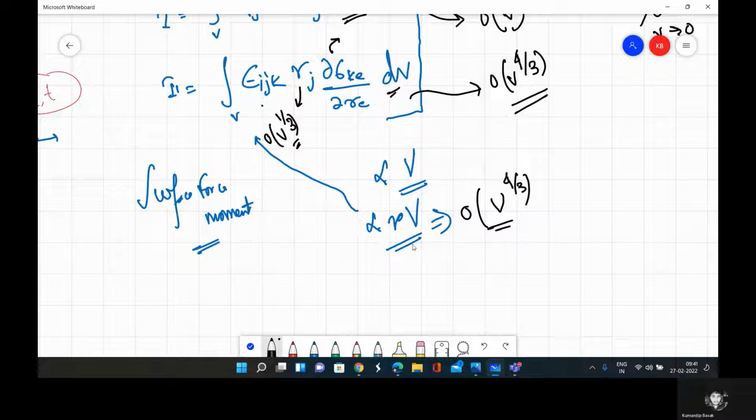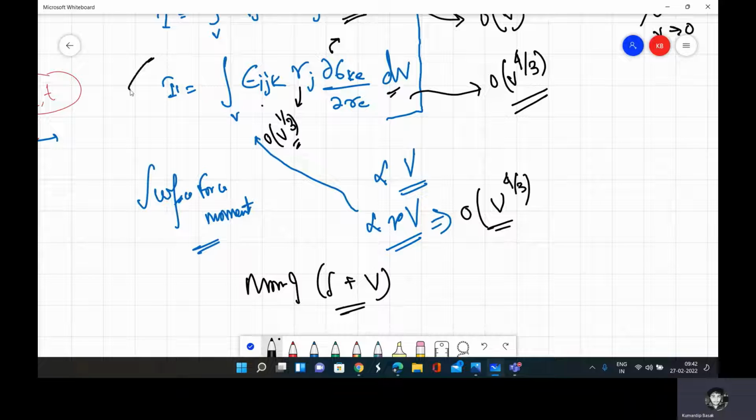Therefore, if we take the moment of surface forces plus volume forces, the surface force moment will simply become the first integral. And this volume force moment is similar to this term too. That will again tend to zero faster. So what are we finally getting?